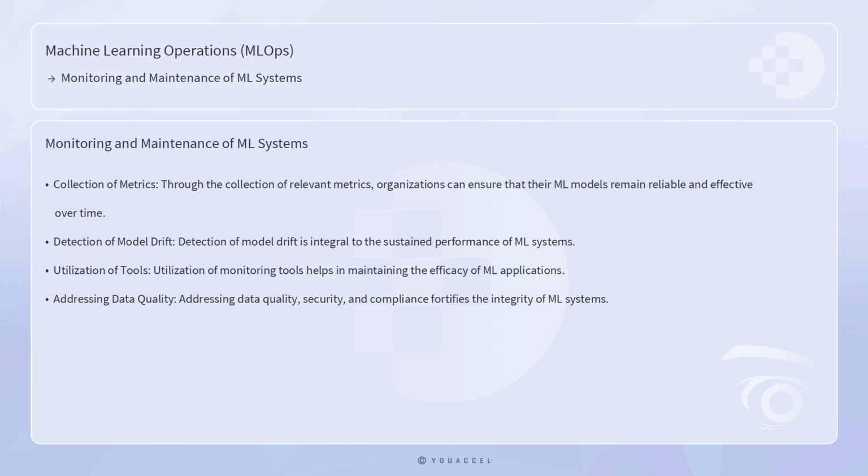Additionally, addressing data quality, security, and compliance further fortifies the integrity of these systems. Real-world examples from various industries illustrate the critical role of continuous oversight in maintaining the efficacy of ML applications, ultimately contributing to the achievement of business objectives and the delivery of value to stakeholders.